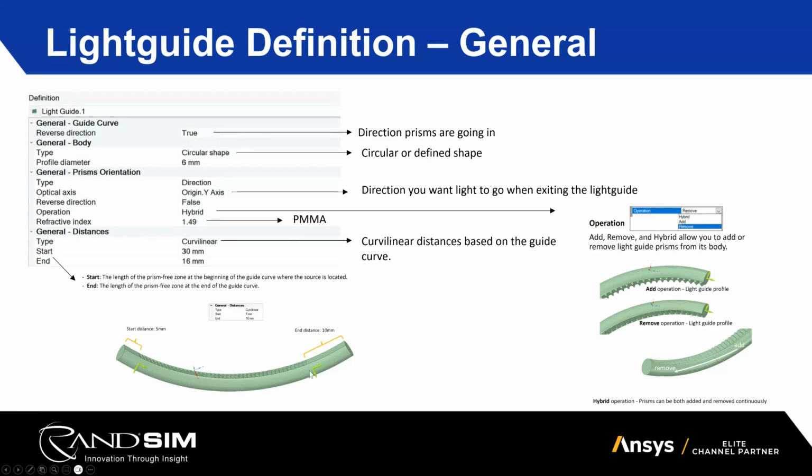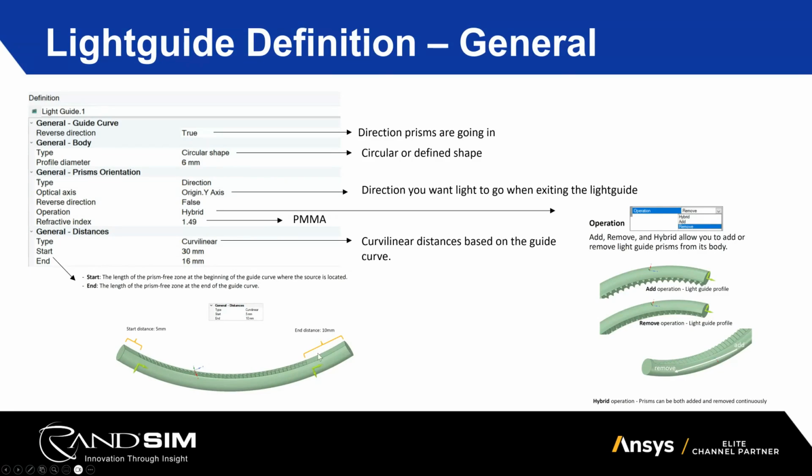We see here our optical axis is going in, it looks like, the X direction according to this origin here. It's going down. So we know that our light is going to come in from over here and go in this direction because we're following this arrow. So our prisms are coming in here, and then the light is going to reflect off of these prisms and head out the bottom right here. We'll see that in the demo as well.